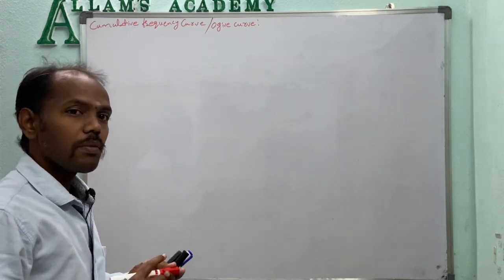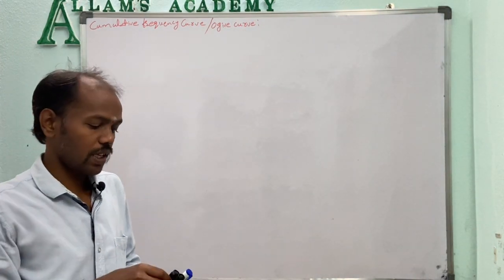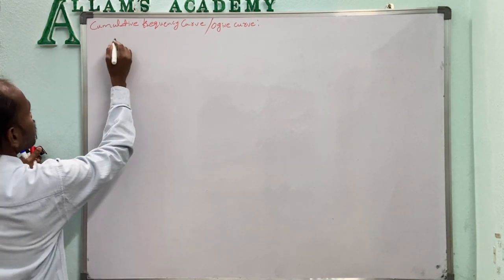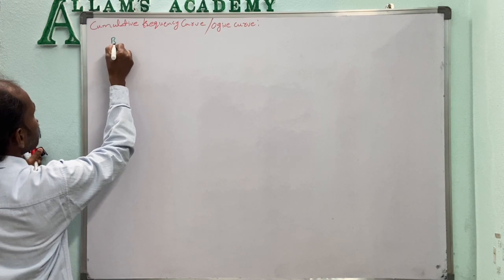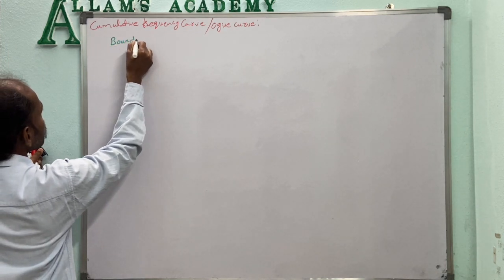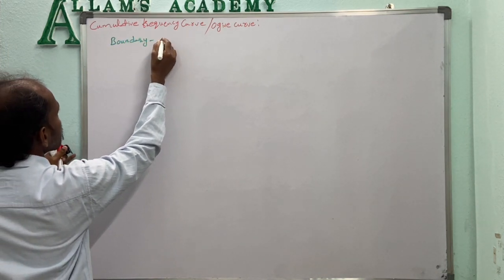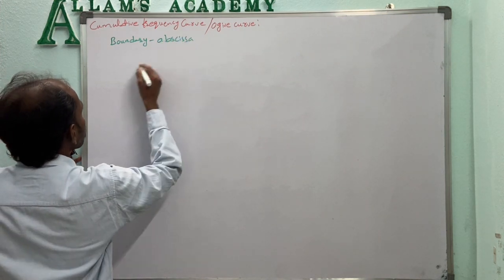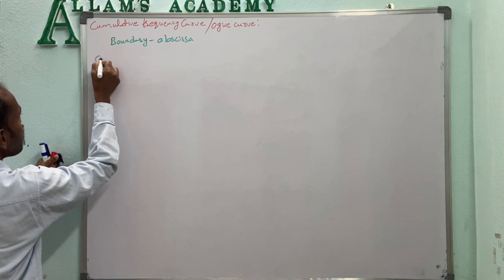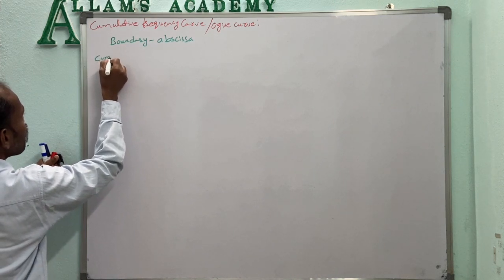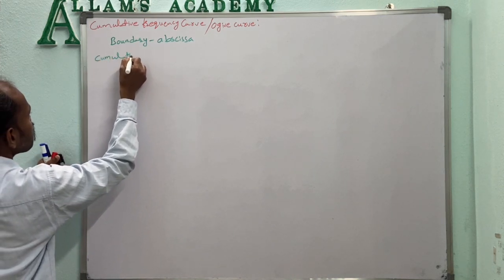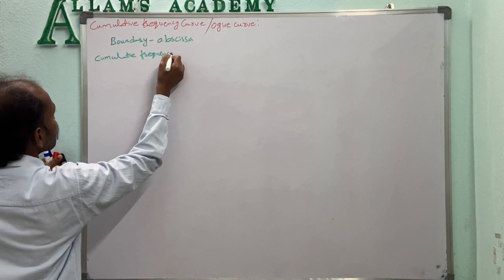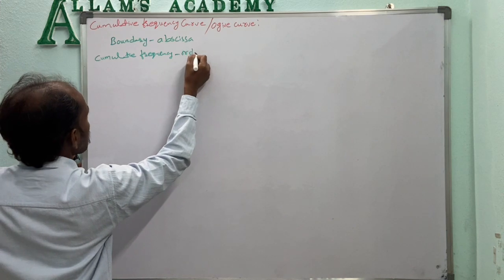In that cumulative frequency curve or Ogive curve, the class interval boundaries will be taken as abscissa and their corresponding cumulative frequencies will be taken as ordinate.